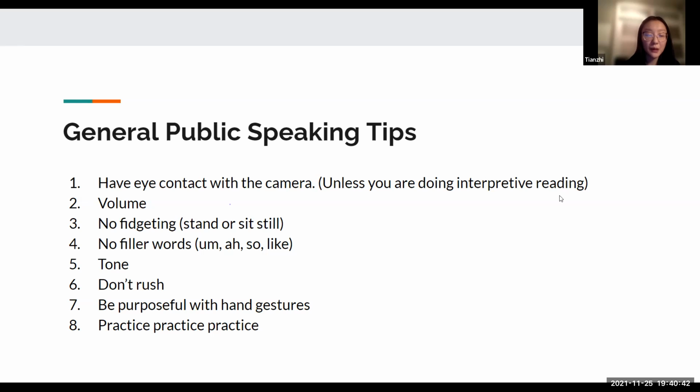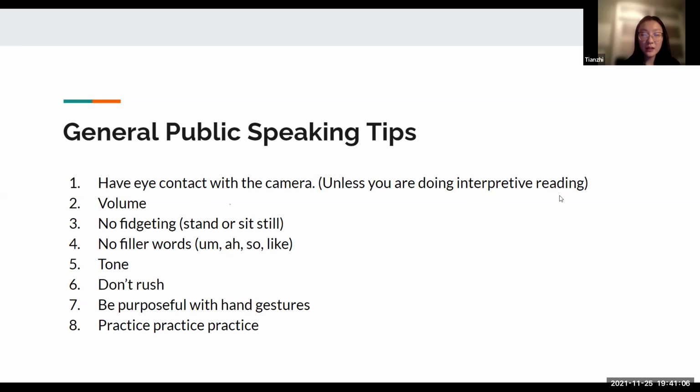Number 7, be purposeful with hand gestures. Hand gestures is basically what you do with your hands when you are speaking. Over Zoom, I think most of the time we won't be able to see your hands, but occasionally, even I do this sometimes, I'll use my hands to speak. That is okay as long as you're not overusing your hands.